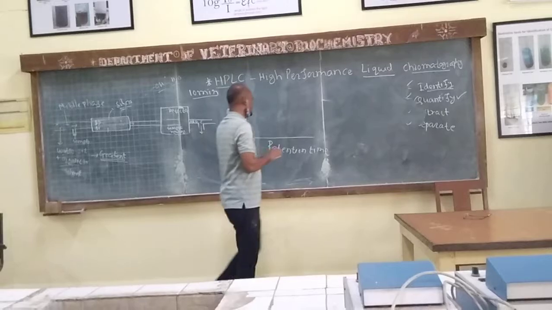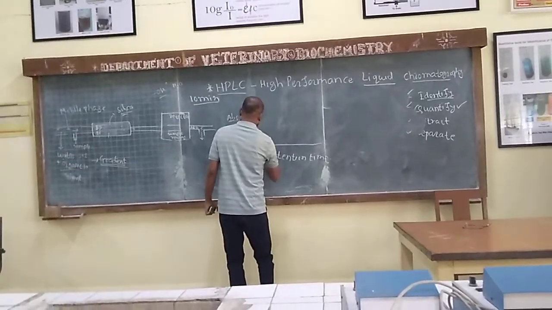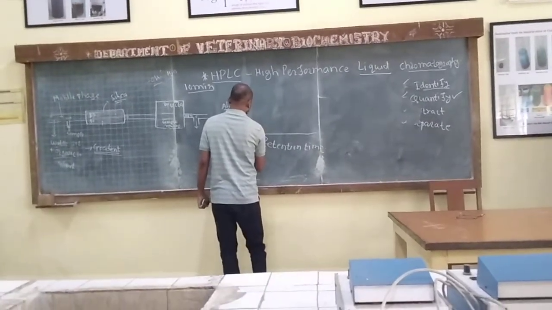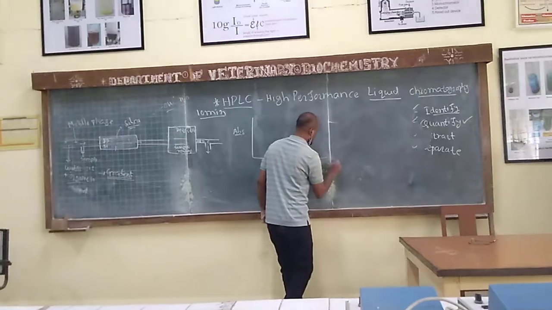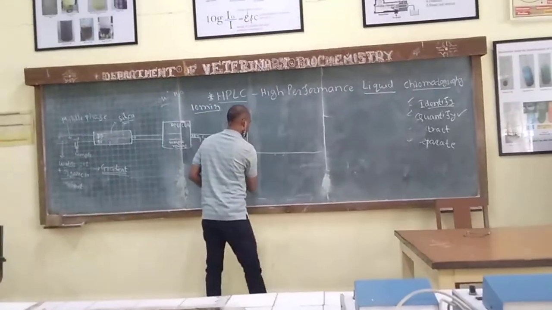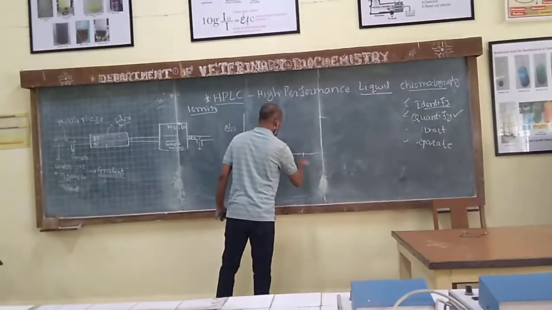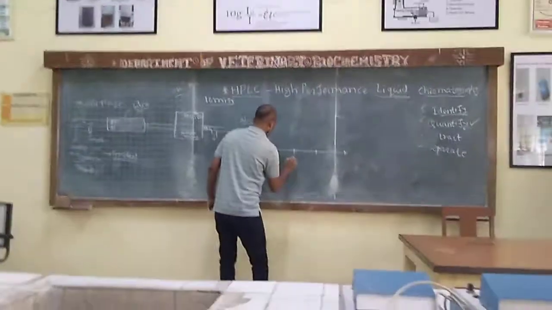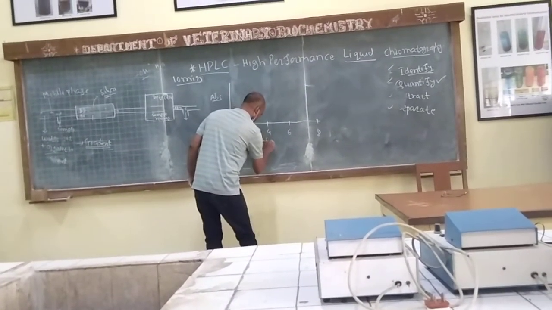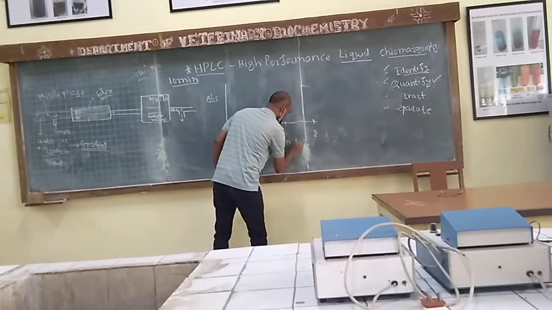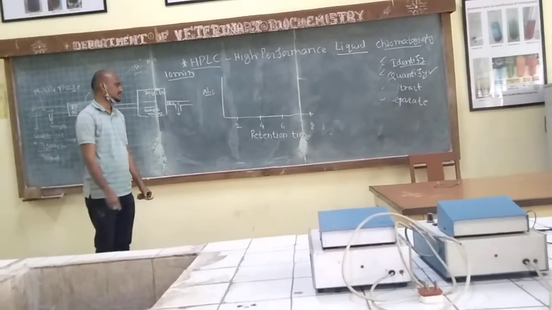So what happened? We are observing at 1 minute, 2 minutes, 3, 4, 5, 6, 7, 8, 9, 10. After 2 minutes, 4 minutes, 8 minutes, we are observing peaks.